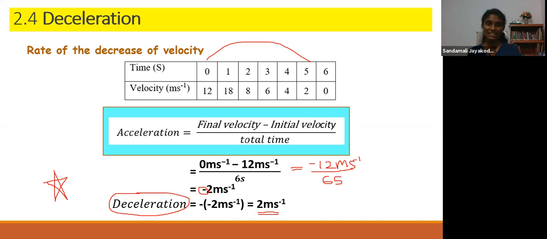So if there is a question in a paper asking us to find the acceleration in this kind of situation, we have to put the answer as a minus value. But if they are asking for the deceleration, another word for that is retardation.